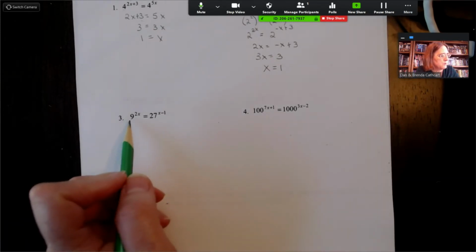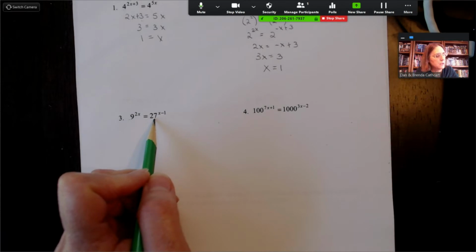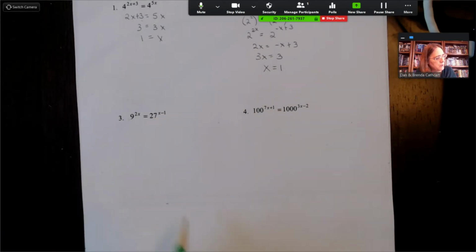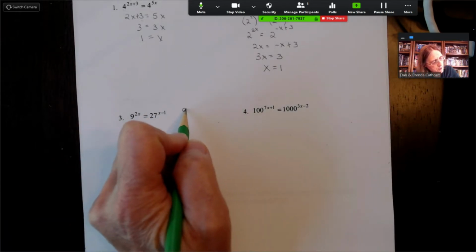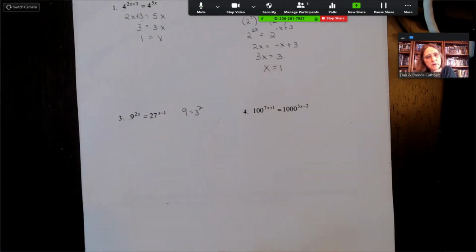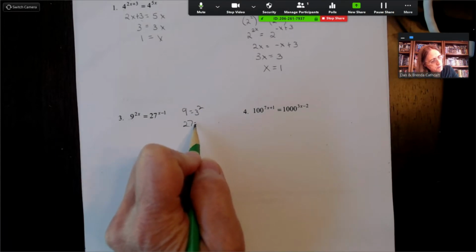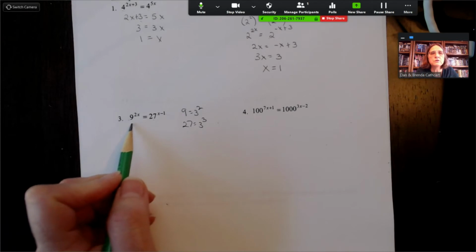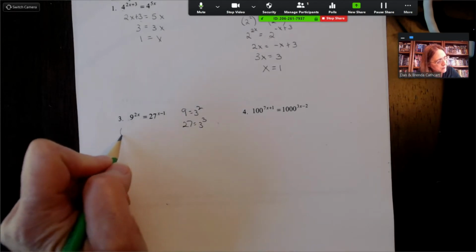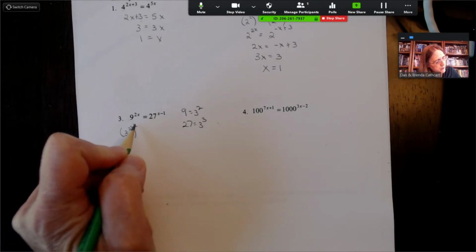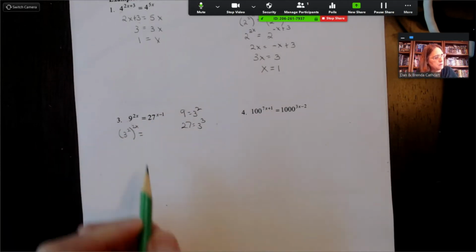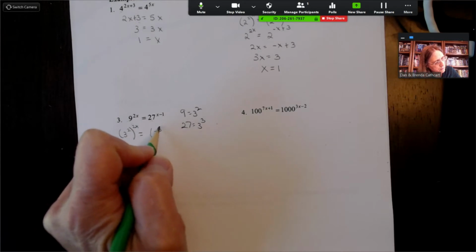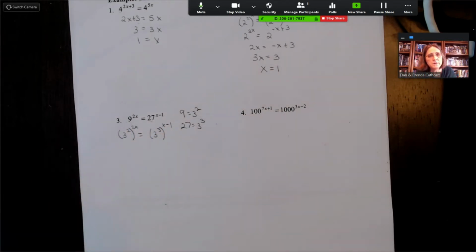Number 3, again, the bases do not appear to be equal to each other, but 9 and 27 are both powers of 3. So 9 can be written as 3 squared, and 27 can be written as 3 to the third. So rewriting this equation, replacing 9 with 3 squared, we have 3 squared to the 2x. And on the right side, replacing 27 with 3 cubed, we have 3 cubed to the power of x minus 1.